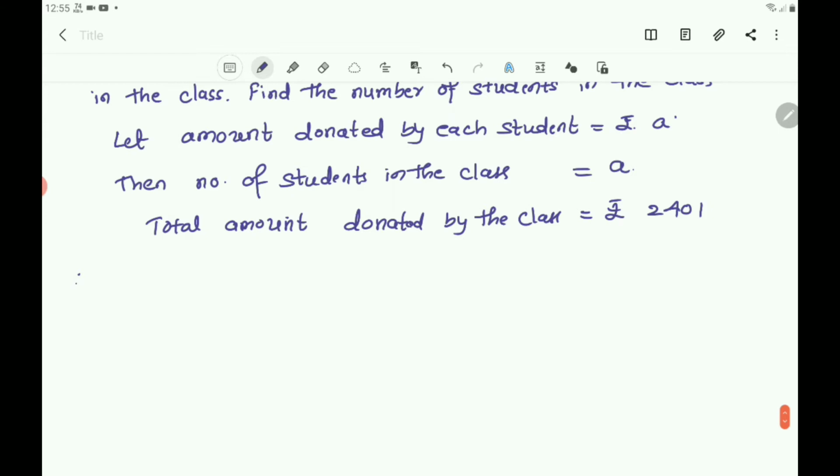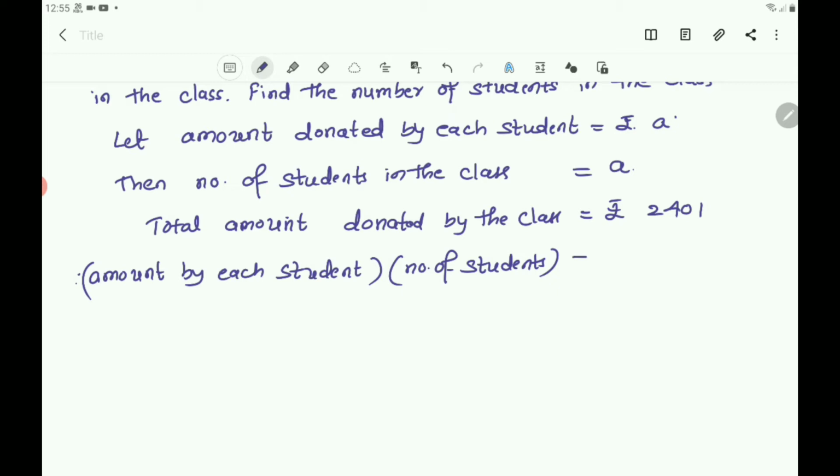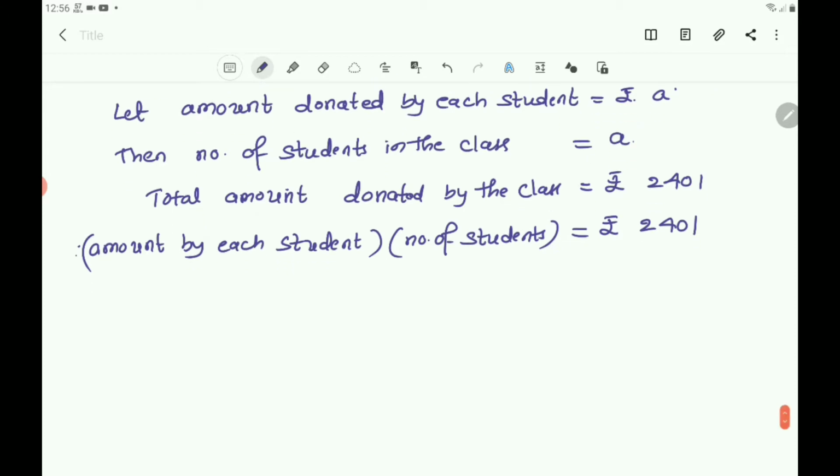Therefore, the amount by each student into the number of students equals rupees 2401.